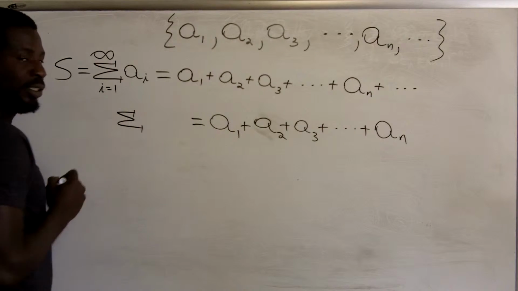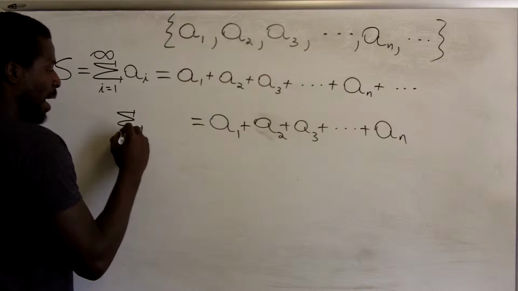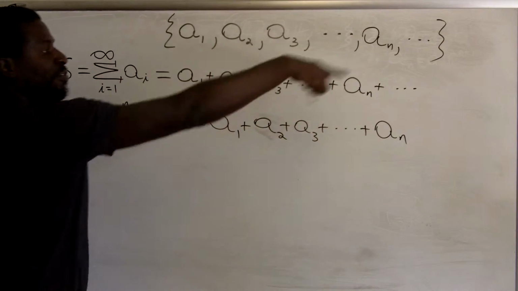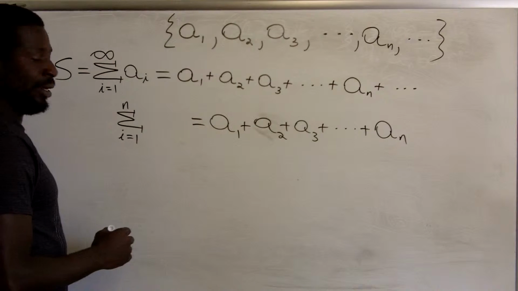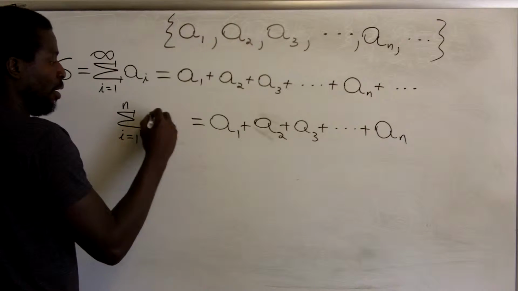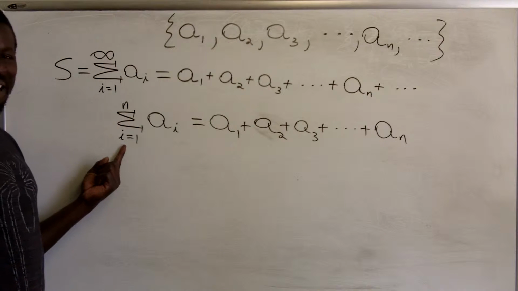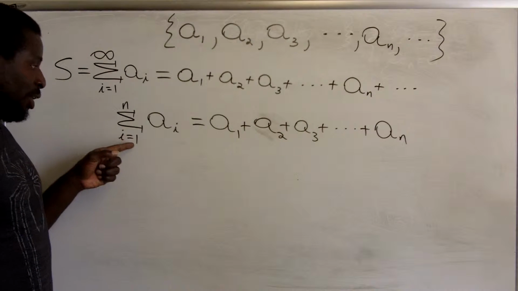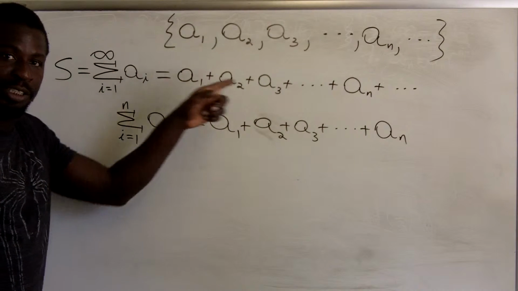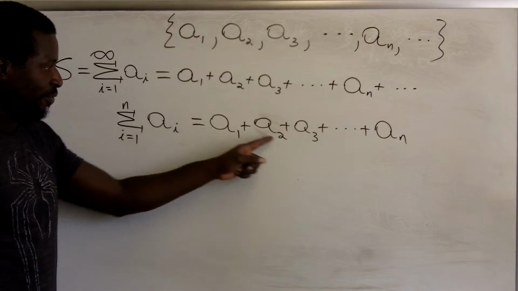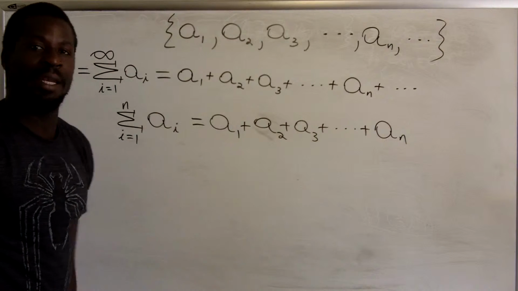It's the sum from i equals 1 to n now. So instead of going all the way to infinity, I'm going to stop there at n. The sum from i equals 1 to n of all the ai. These are the individual ai. This is the index of the summation. i starts with 1, and it uses the counting numbers all the way up to n. So 1, 2, 3, 4, 5, 6, all the way up to n.